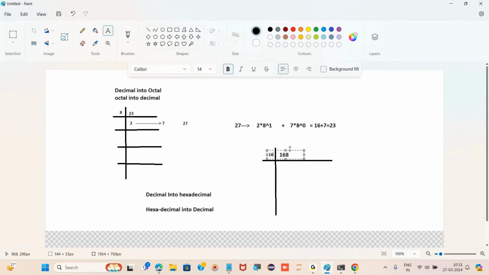In the case where we were converting decimal into octal, we used 8, because the base of octal is 8. Yes, 16. 16 tens are 160.